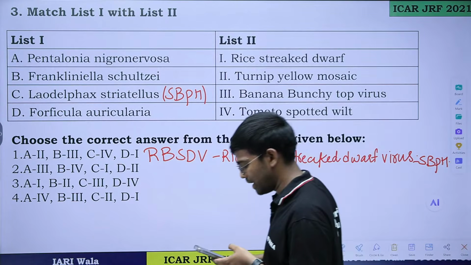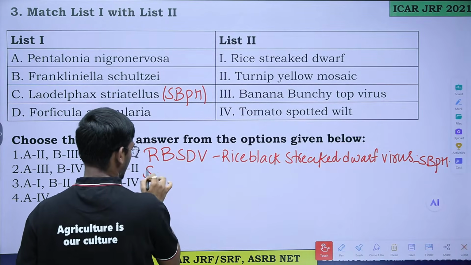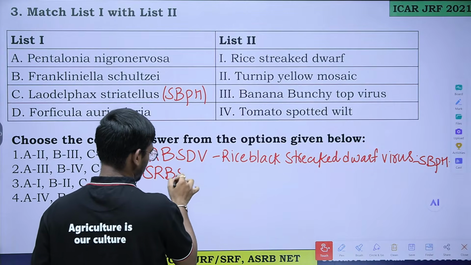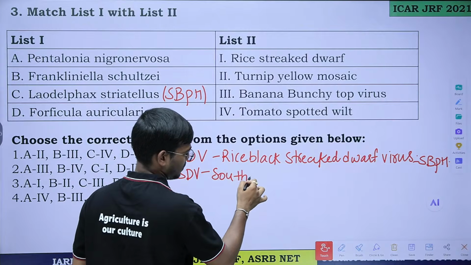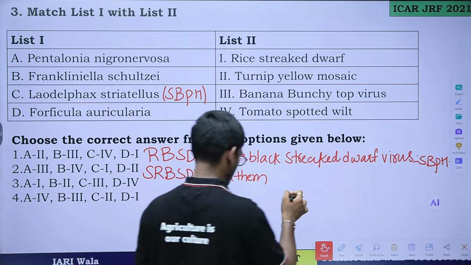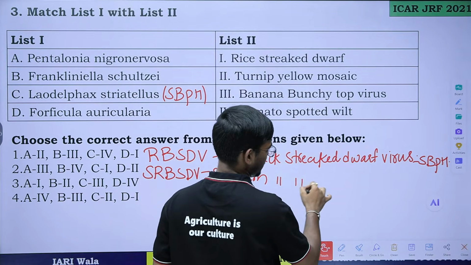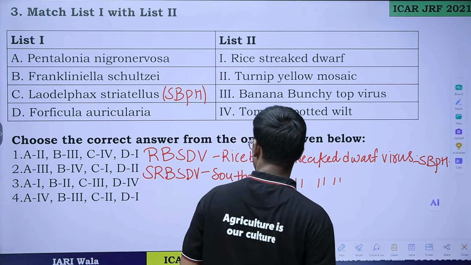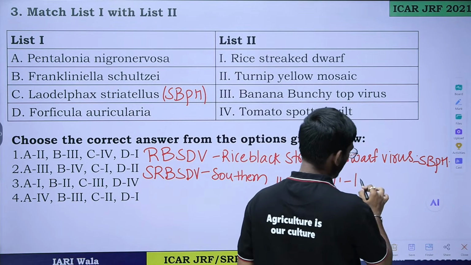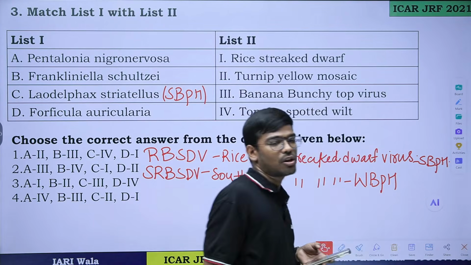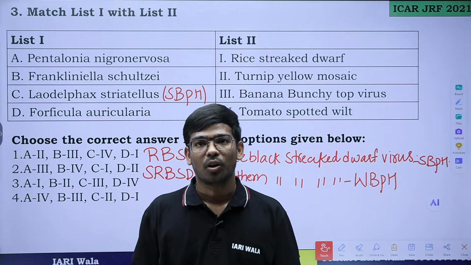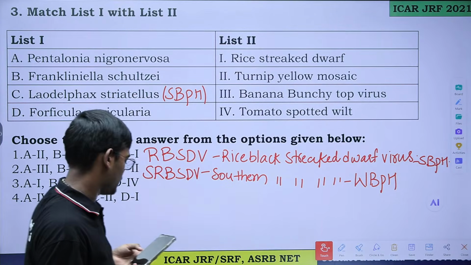And we have SRBSDV, southern rice black streaked dwarf virus. It is transmitted by WBPH, the white-backed planthopper, Sogatella furcifera. So these two diseases are most important.